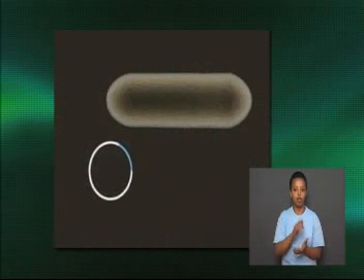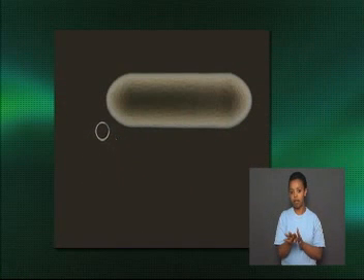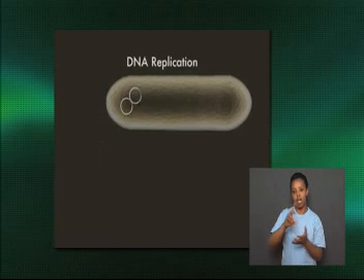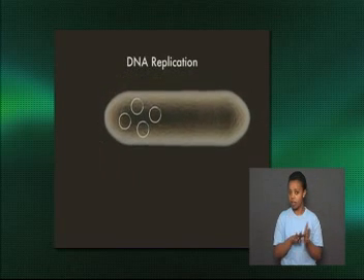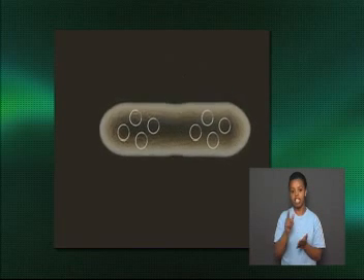Now, we will look at how bacteria are used to make recombinant DNA. Bacteria are incubated with the recombinant DNA. Some bacteria will take up the plasmids.